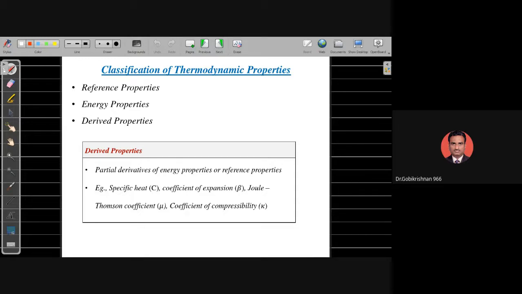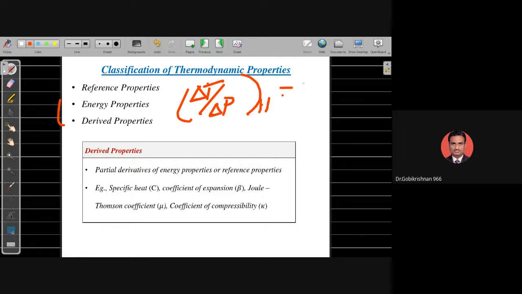Joule-Thomson coefficient. We have studied about the Joule-Thomson coefficient. What is the meaning of a Joule-Thomson coefficient? Change in temperature with the change in pressure at constant enthalpy. Therefore, this can be written as del T divided by del P at constant enthalpy.